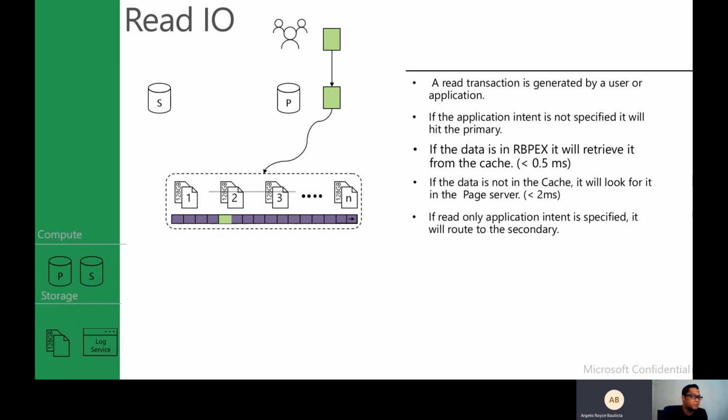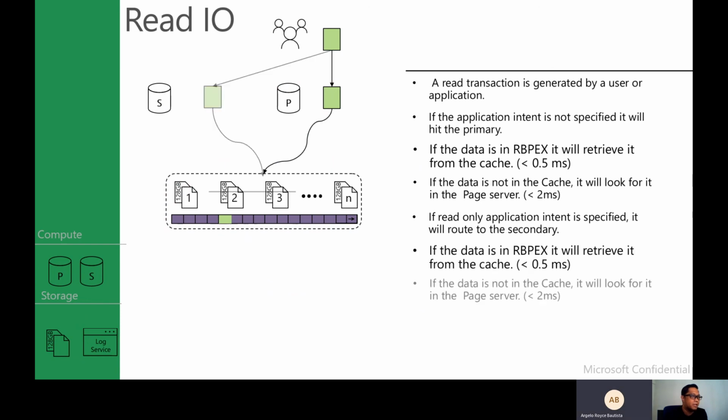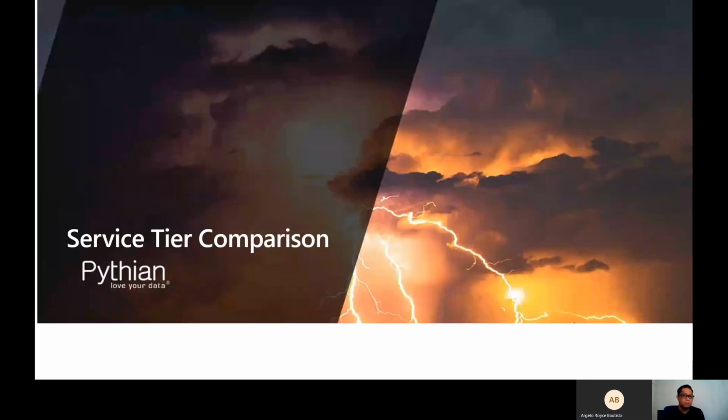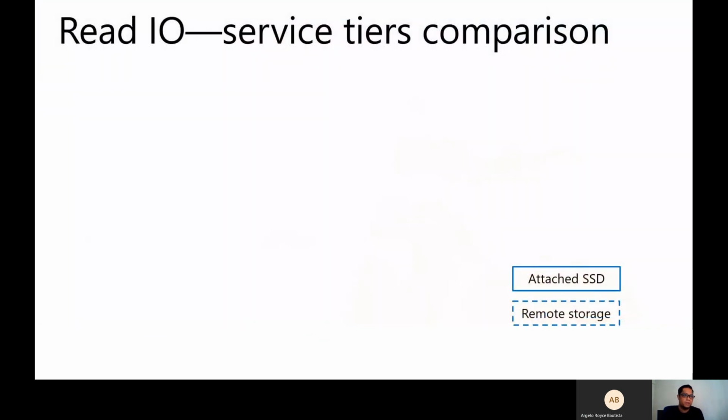If you specify read-only intent, then your transaction will go to your secondary, and the same thing will happen. If it's in the cache, it will service it from there. If it's not, then it will hit your page server and get it from there. The difference in performance is in whether your RBPX is an attached SSD or a remote storage.